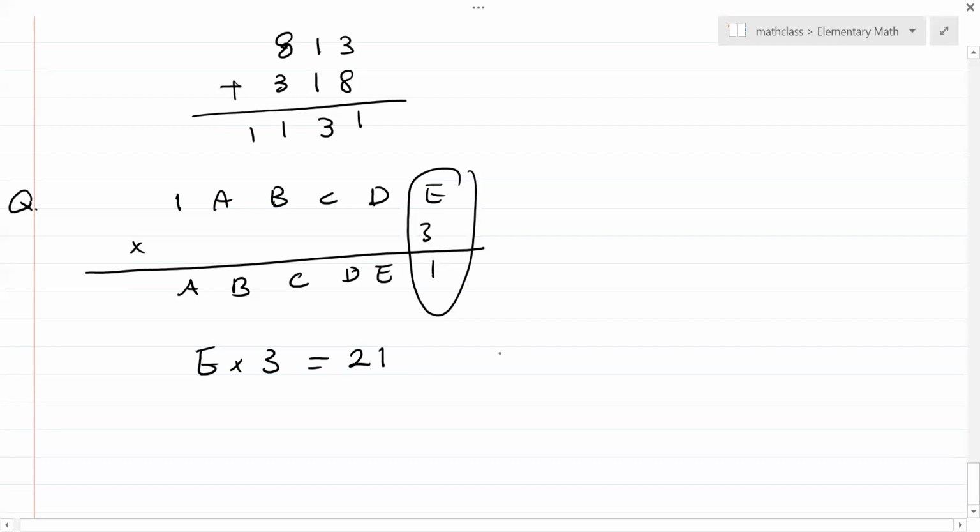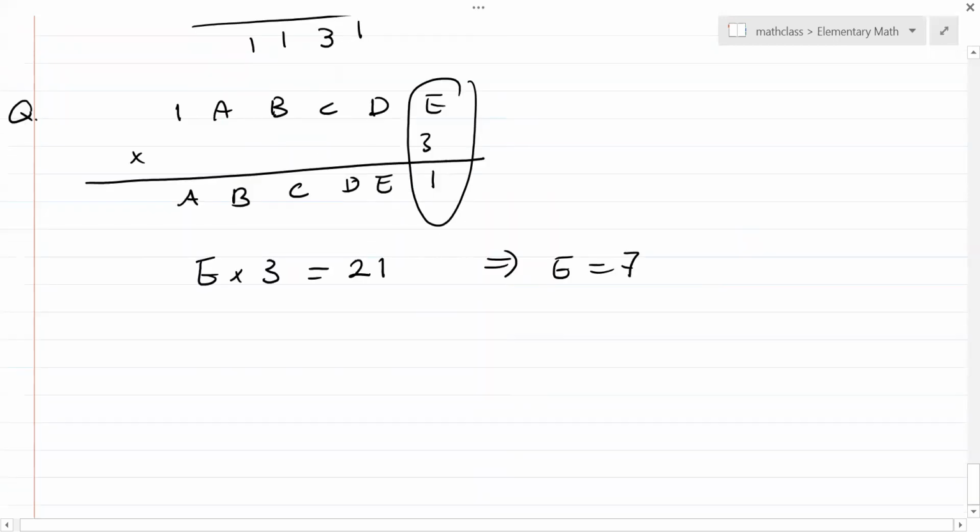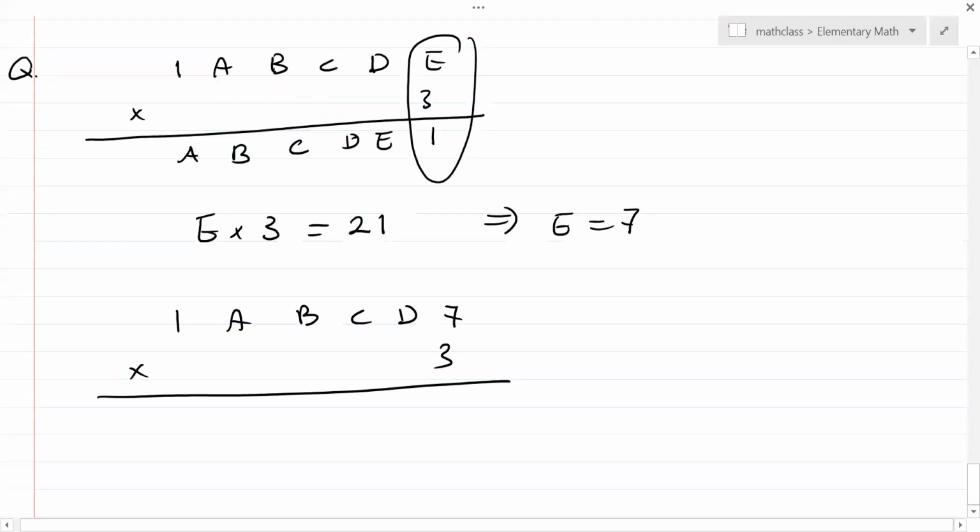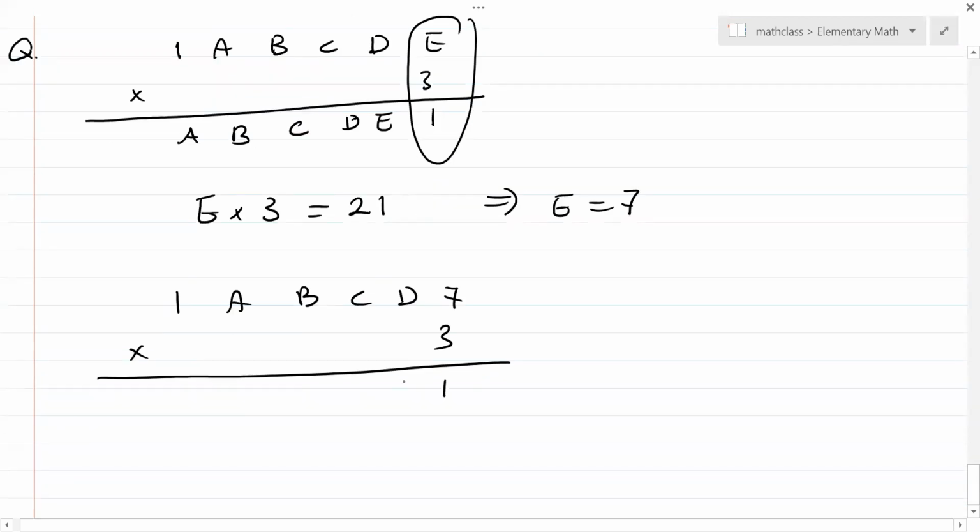So that implies E is going to be 7. So you get 1, A, B, C, D, 7 times 3, and I got 1, E is already 7, D, C, B, A.